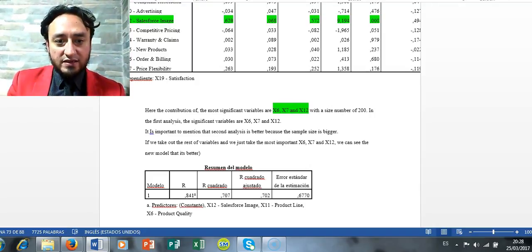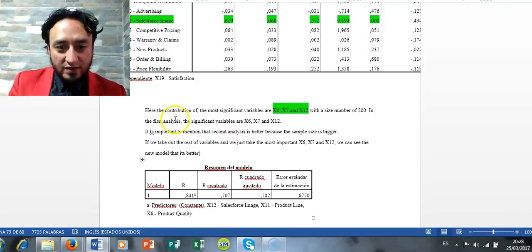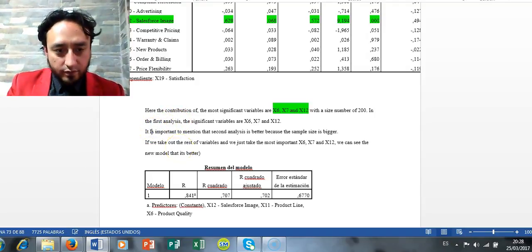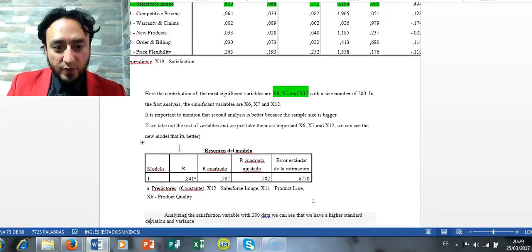In the first analysis, the significant variables were x6, x7, and x12 as well. It is important to mention that the second analysis is better because the sample size is bigger. If we take the rest of the variables and we just take the most important x6, x7, and x12, we can see the new model is better.